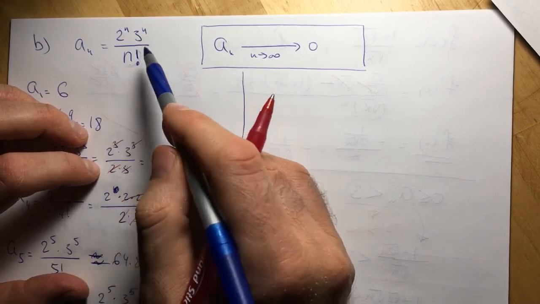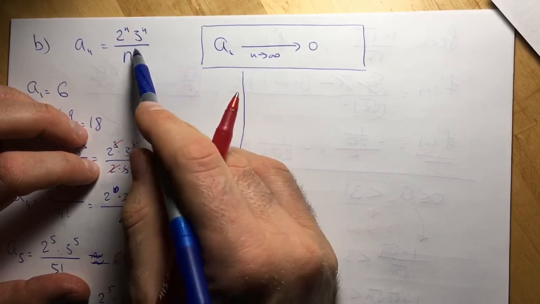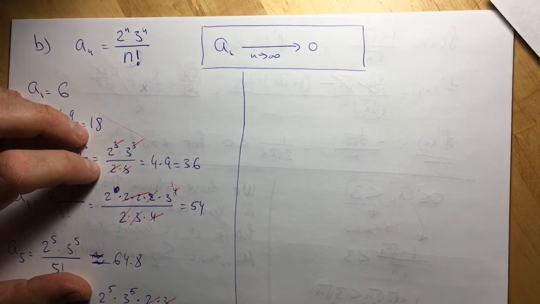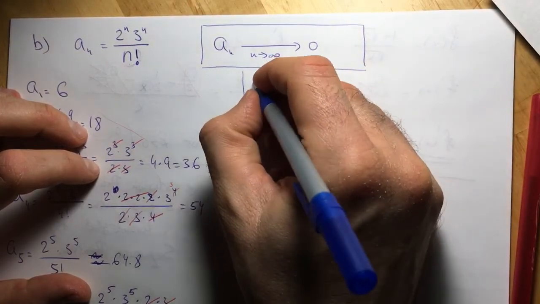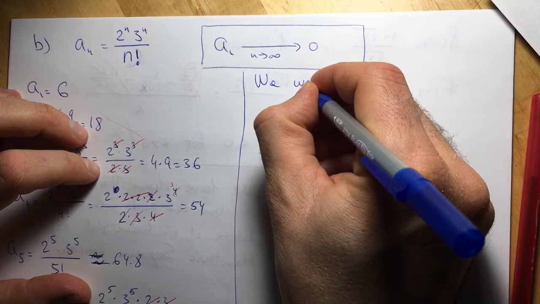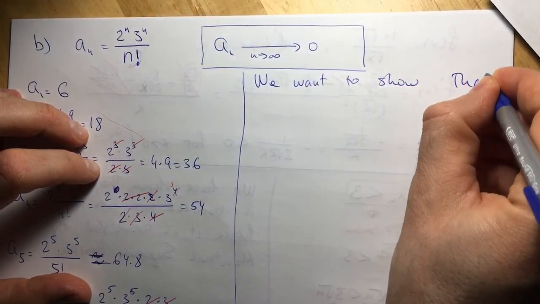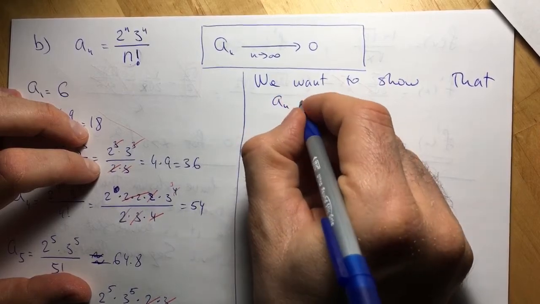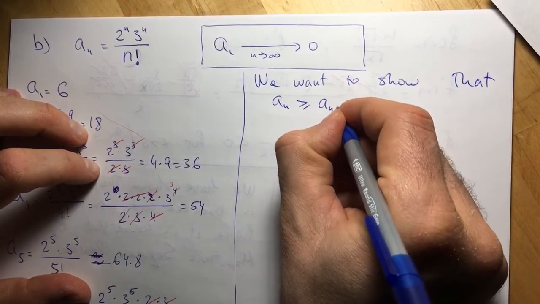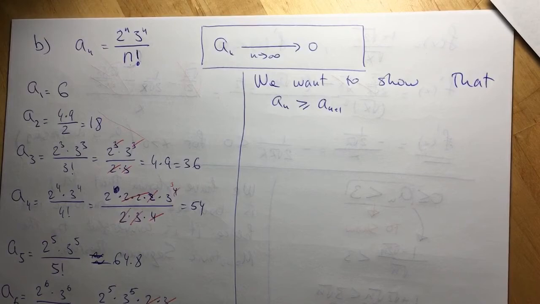So we expect that the following term is going to be less than the previous term, or we're expecting that the sequence is decreasing. So right away, we want to show that the sequence is decreasing as n goes to infinity, right?